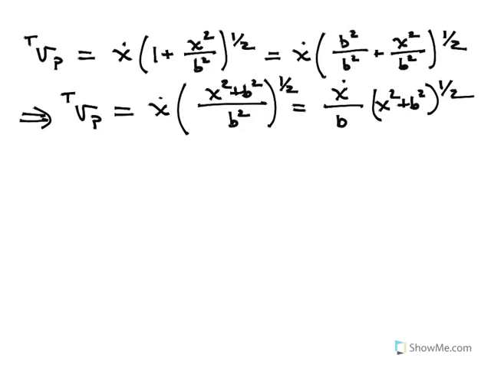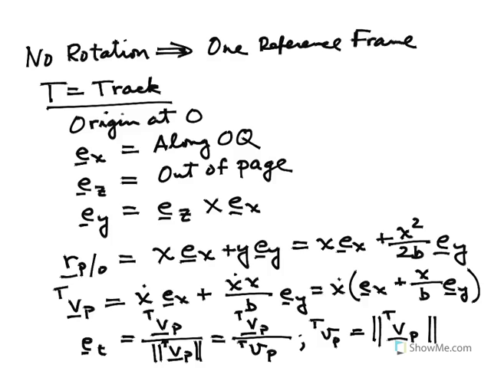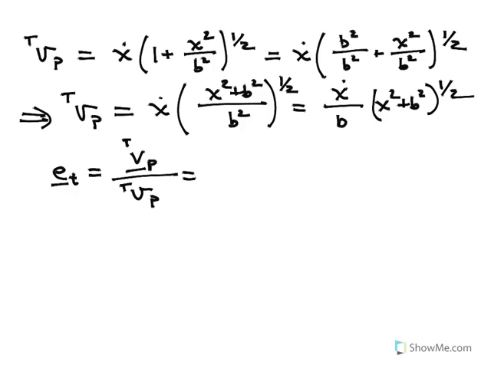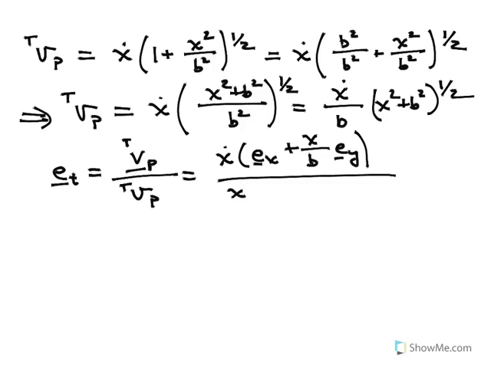Now, the tangent vector is going to equal the velocity divided by the speed. So Vp divided by the speed, which is equal to, let's go back over here, x dot times Ex plus x over b Ey, all divided by x dot over b times x squared plus b squared to the 1/2.